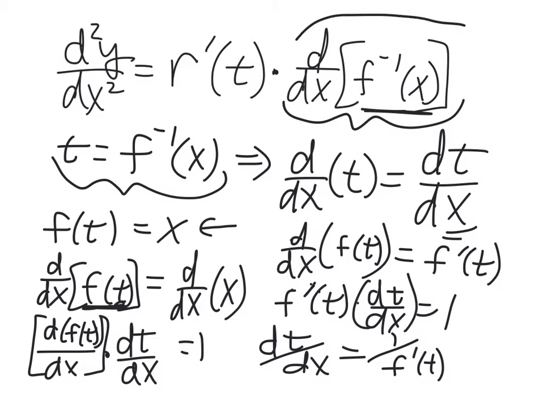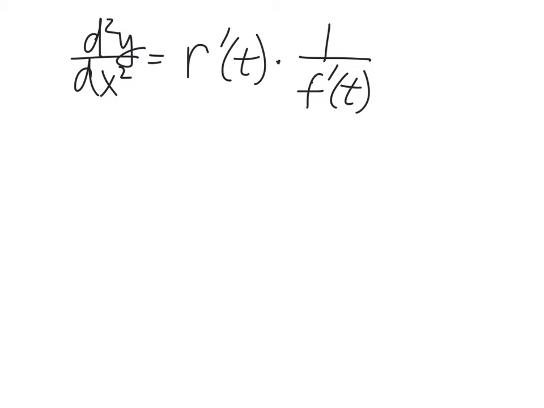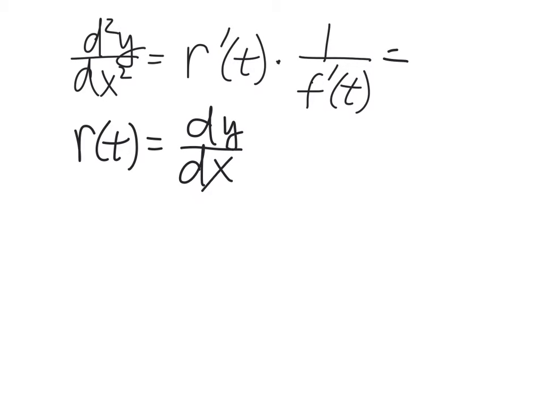And so, plug that back up here. Our second derivative of y with respect to x in terms of our parametric equations will be r primed of t times 1 over f primed of t. Well, what was r primed of t? We defined r of t as the first derivative.